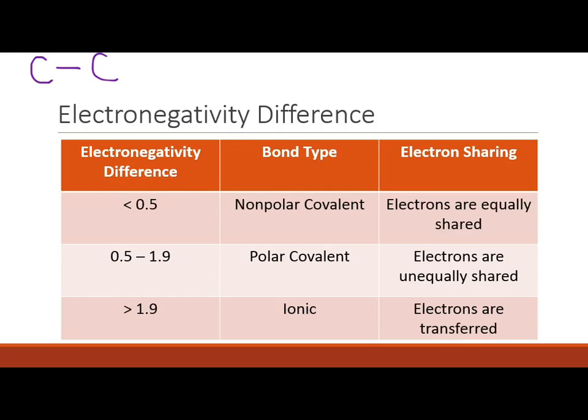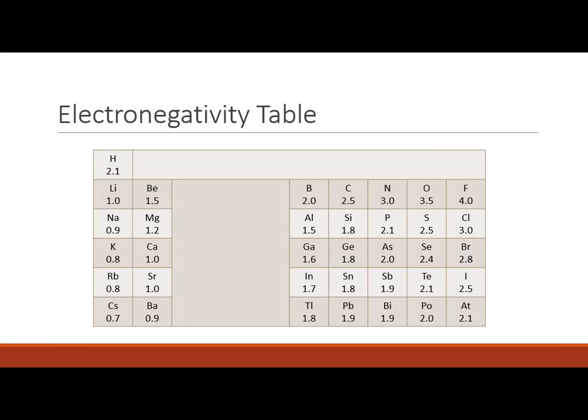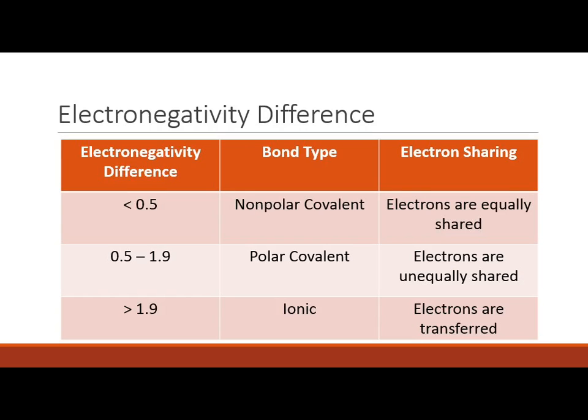If we go back a slide, you can see that the electronegativity for carbon is 2.5. So 2.5 minus 2.5 comes out to 0, which means that the electronegativity difference is less than 0.5. So we have what's known as a nonpolar covalent bond, which means that the electrons are equally shared, or at least so closely that it doesn't make a difference.